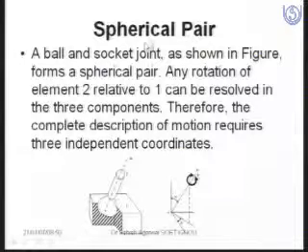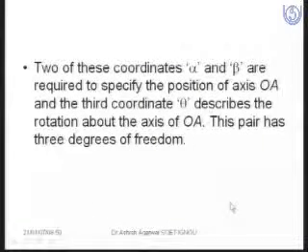Another pair is called the spherical pair, a ball and socket joint. Any rotation of element 2 relative to element 1 can be resolved into 3 components, just like on the x-axis, y-axis or z-axis.